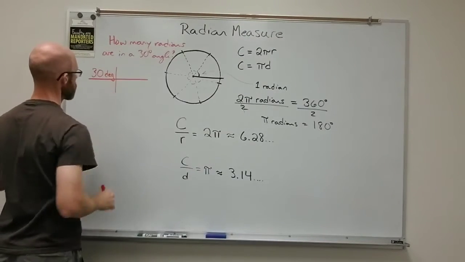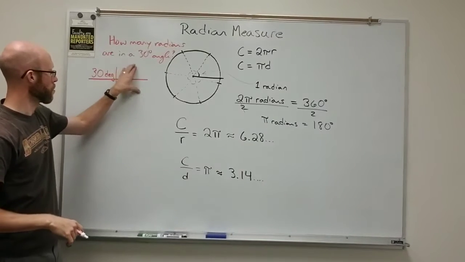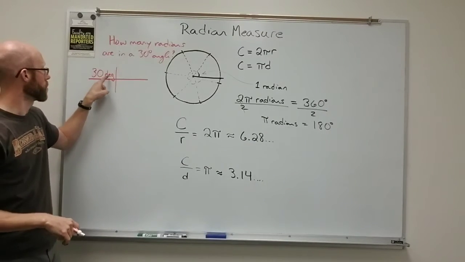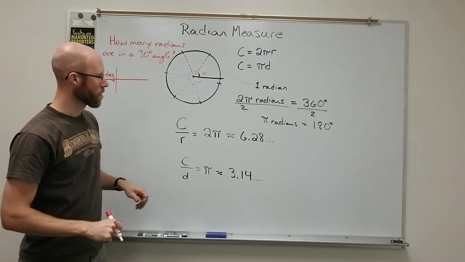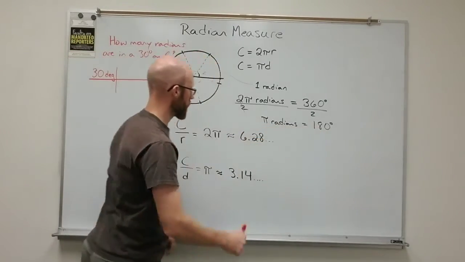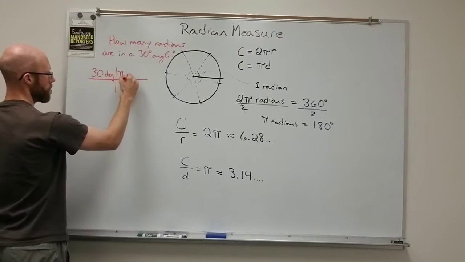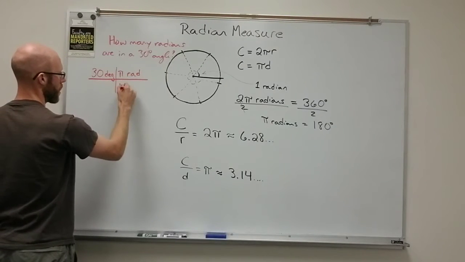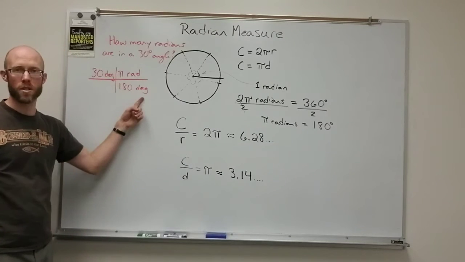And remember, we've done unit analysis before, so it's where we just convert by multiplying by a fraction that tries to cancel out the degrees. Of course, we have pi radians and 180 degrees, so I put the radians on top and the 180 degrees on the bottom because I want the degrees to cancel.